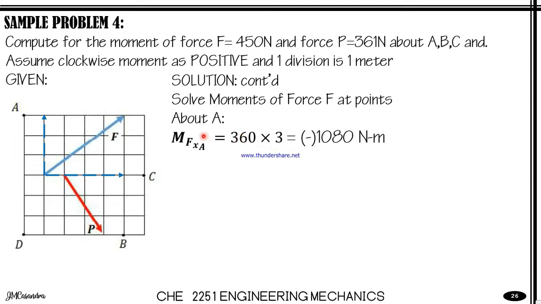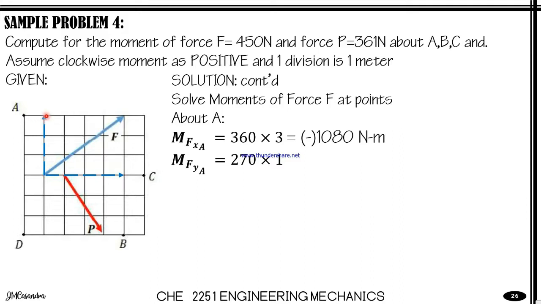It is a negative value, as with a pivot point at A, this force will cause our system to go counterclockwise. And then for the y component of F about A, it is 1 meter away from the pivot point. So it will be equivalent to 270 times 1.